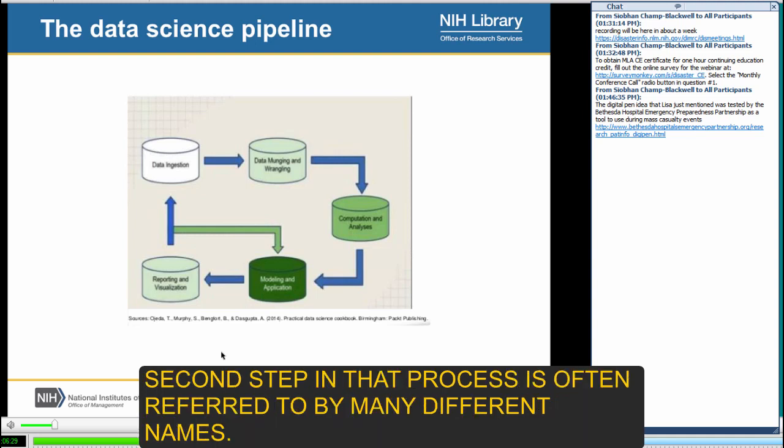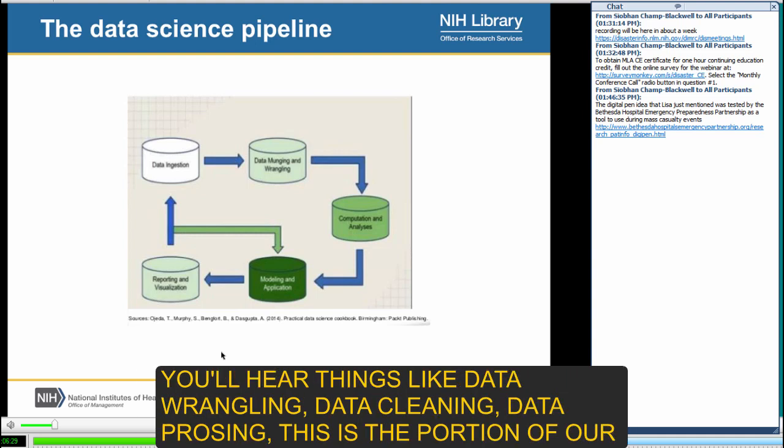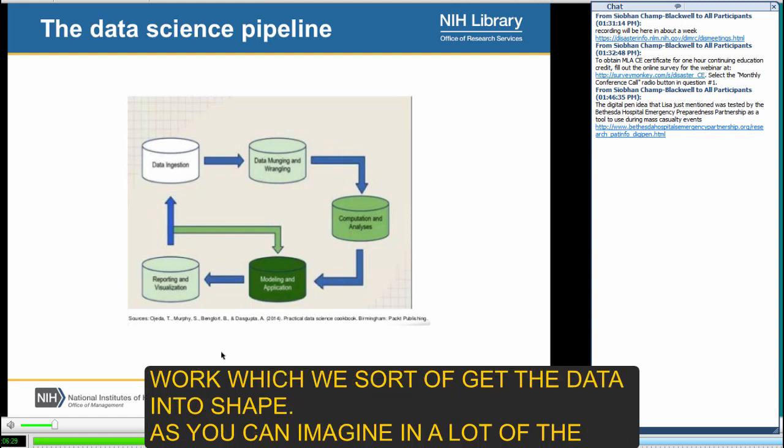The second step in that process is often referred to by many different names. You'll hear things like data munging, data wrangling, data cleaning, data processing. This is the portion of our work in which we get the data into shape.